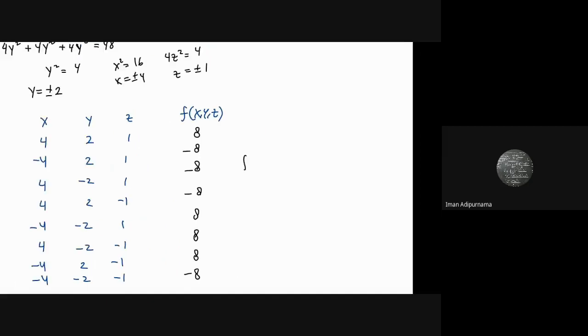And then these are the function values. The results will be 8, negative 8, negative 8, negative 8, 8, 8. So it's just having f equal to 8 and negative 8. We can say that this is the maximum, and this is the minimum.